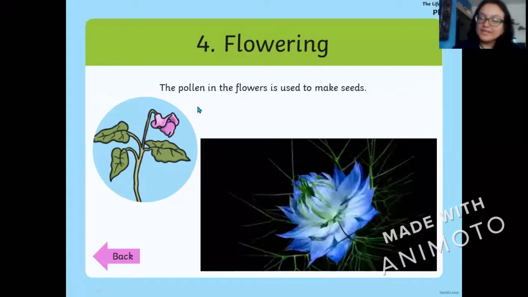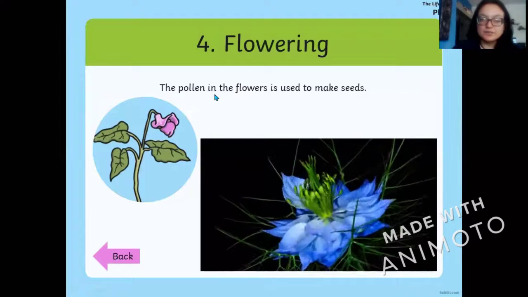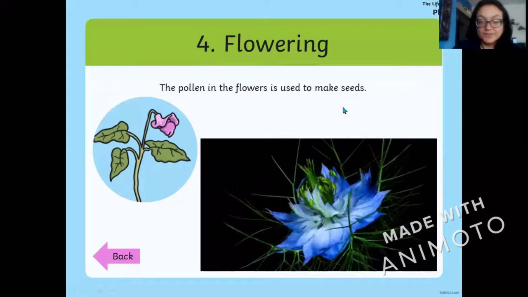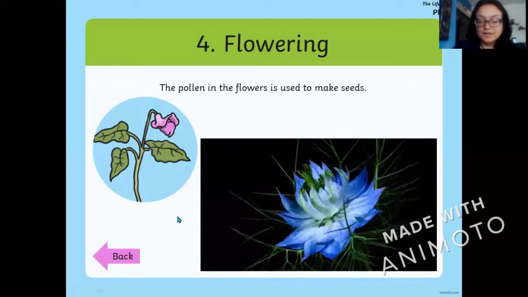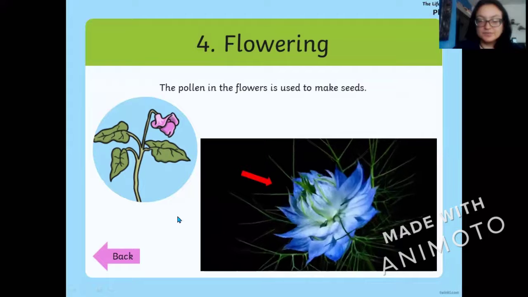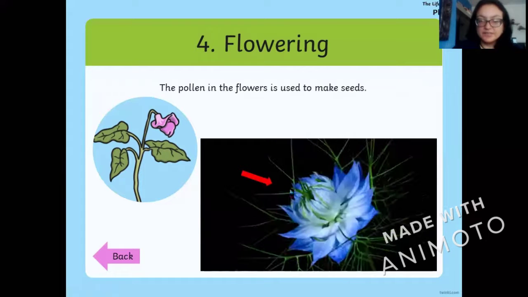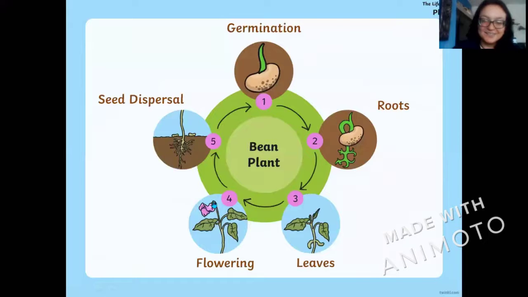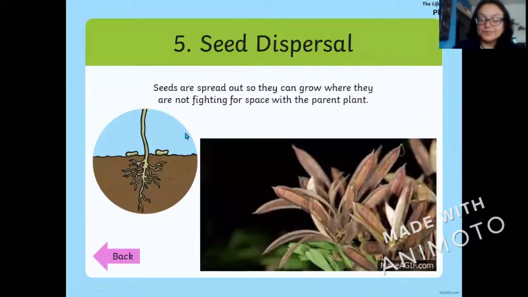Then we continue with flowers. So what we can have here is that the pollen in the flowers is used to make seeds. So observe how we can see those seeds over here. Good. And then we have the seed dispersal.